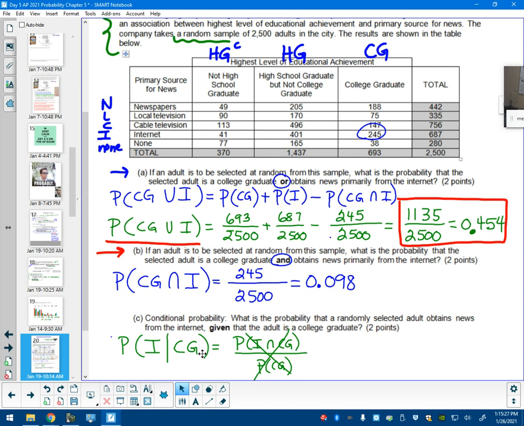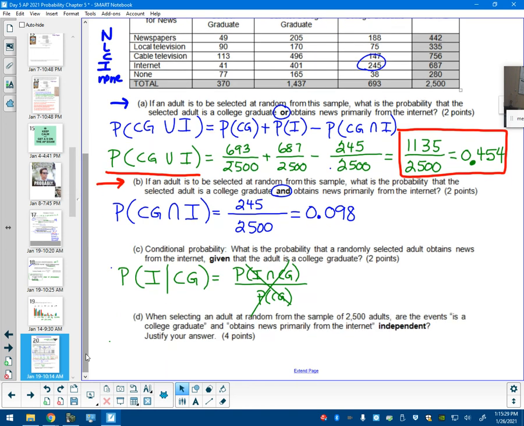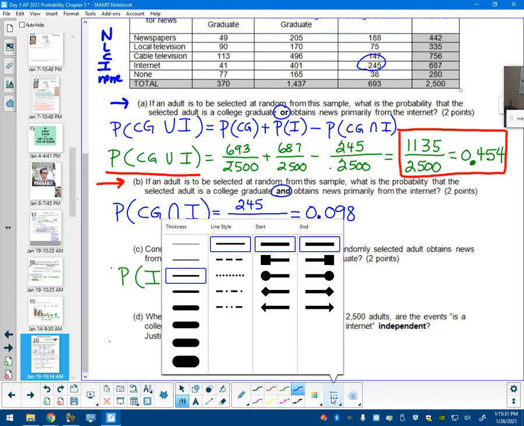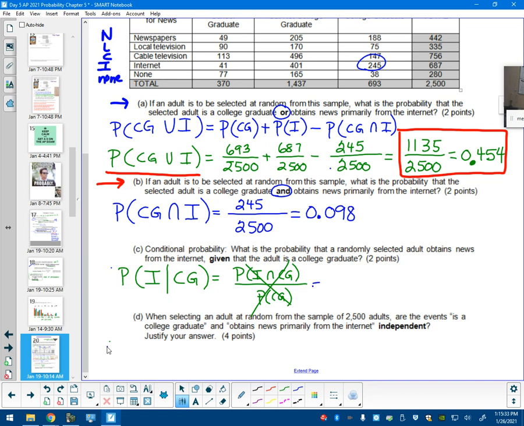There we go. So, for conditional probability then, Mr. Whitmore Rich, how many people have the condition of being a college graduate? 693. Excellent. I was just checking to make sure you were paying attention. And of those 693, how many of them get their news from the internet? 245. So do you see a theme here?